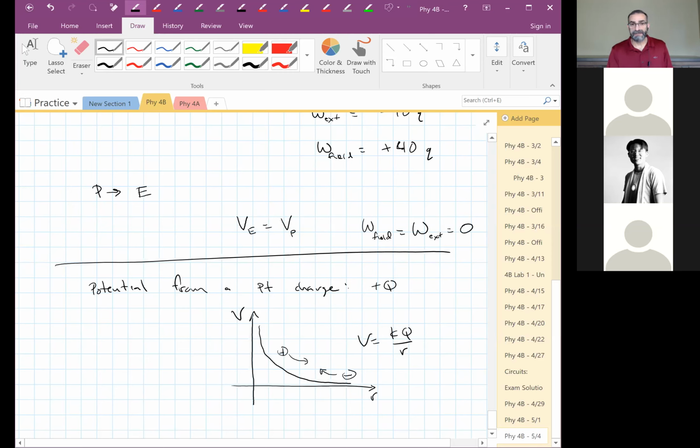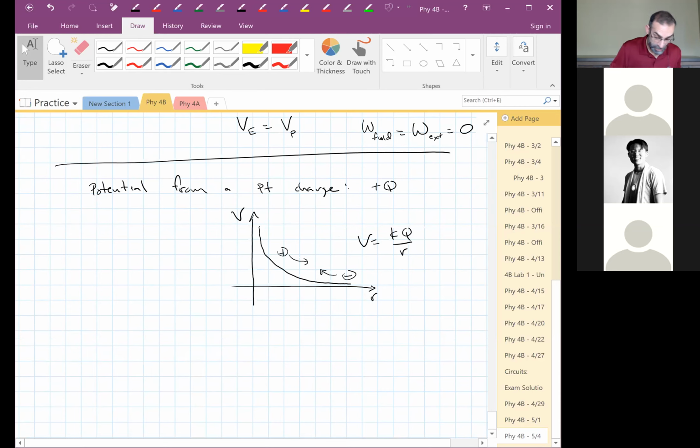Some people say that positive charges roll down the potential hill, kind of like a ball would roll down a hill due to gravity. Negative charges roll uphill, though. If you think of positive charges as going to lower potential, negative charges naturally go to higher potential. They roll uphill, if you like that analogy.